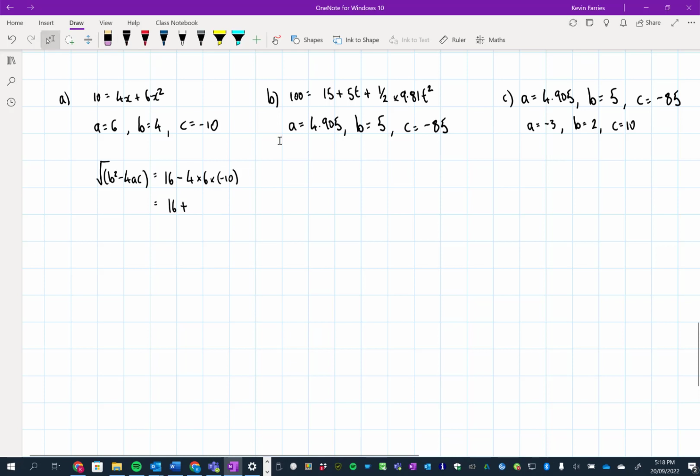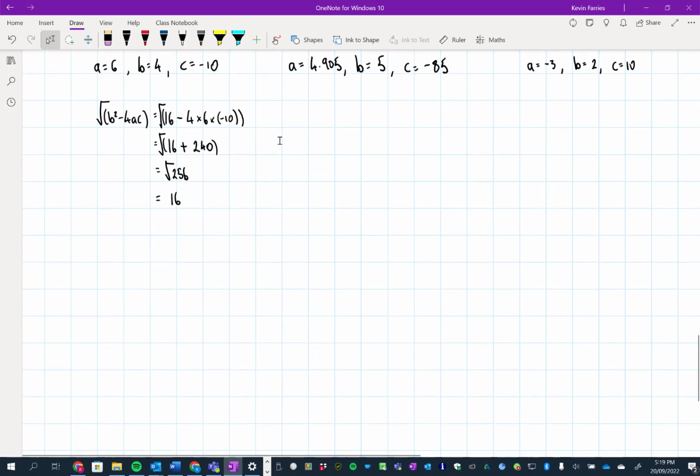So it's going to be 16 plus 4 times 6 times 10, which is 240. The square root of that is the square root of 256, which is 16, I think. So then we plug that into this equation.